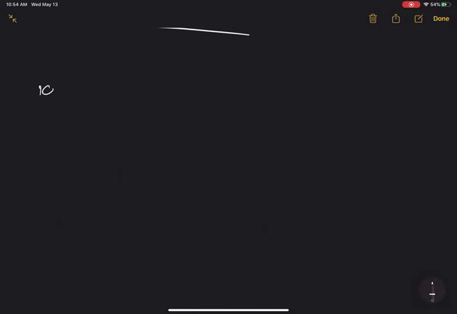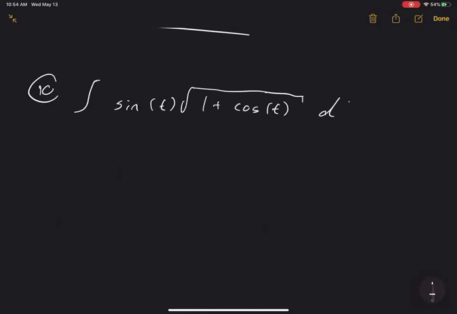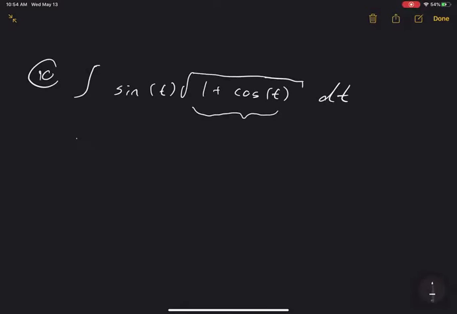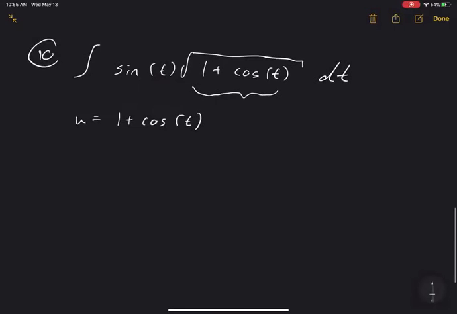How about number 10? So sine of t, square root of 1 plus cosine of t. Again, I have this function nested inside of another, so that's my hint that maybe I should use that as my u. So I let u equal 1 plus cosine t.